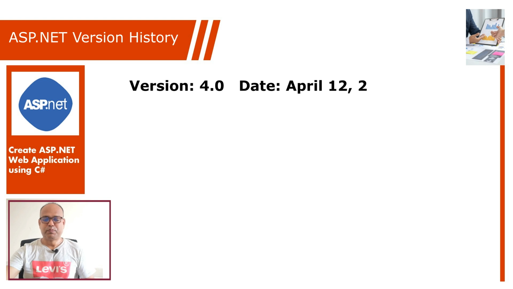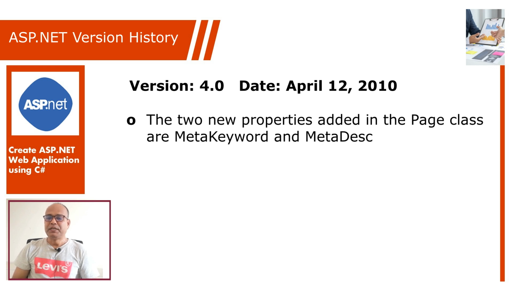The next version is 4.0 and it was released April 12, 2010. The two new properties added in this base class are meta keyword and meta description.